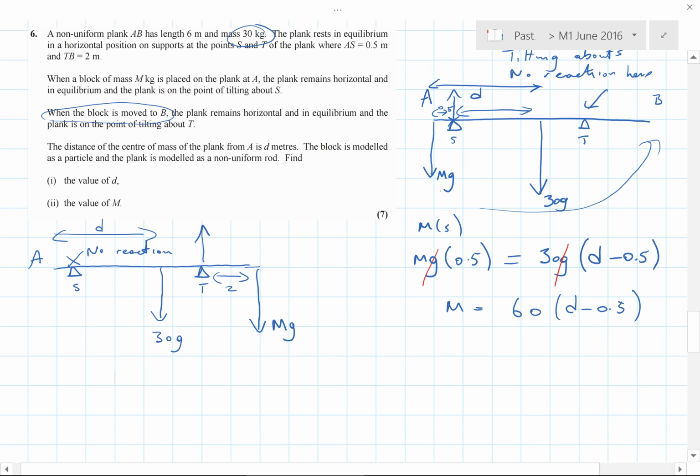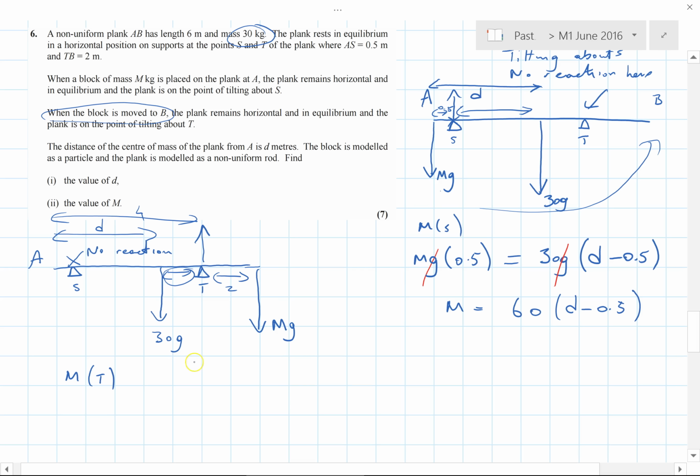So we can take moments about T. We don't know what this distance is, but we know the distance from here to here is 4. So that marked distance there is 4 minus d.